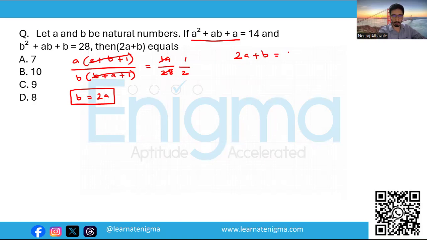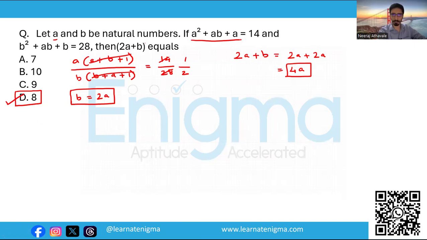If we substitute b as 2a, that gives us 2a plus 2a, that is 4a. So the required answer is 4a, where a and b are natural numbers. If you look at the options, there is only one option which is divisible by 4. Therefore the answer will be option D, that is 8.